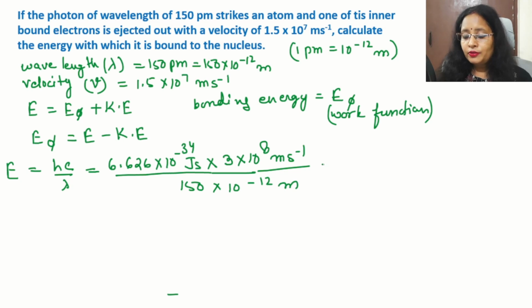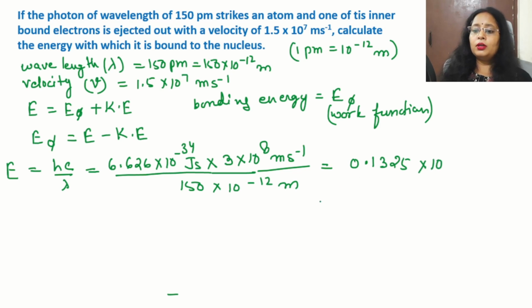Now we start calculating with 6.626 multiplied by 3, then divided by 150, we get the value 0.1325 into 10 to the power. Now minus 12 from the denominator goes up and becomes plus 12. Plus 12 and plus 8 become 20. Now minus 34 plus 20 becomes minus 14, and the unit will be joule.